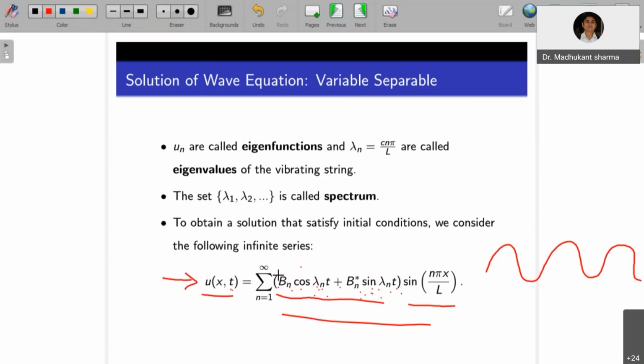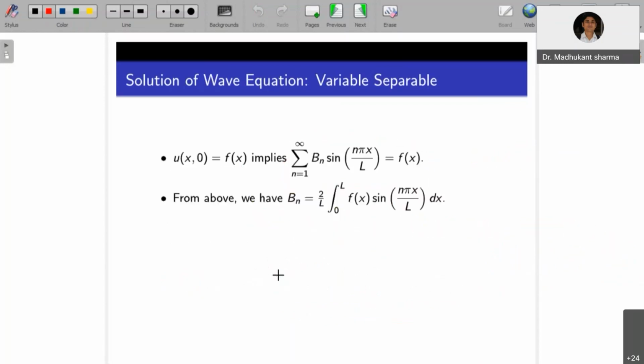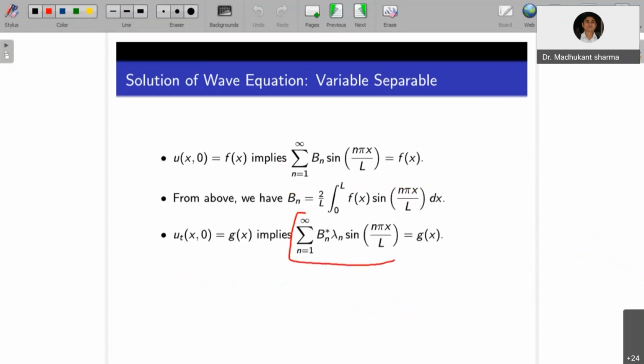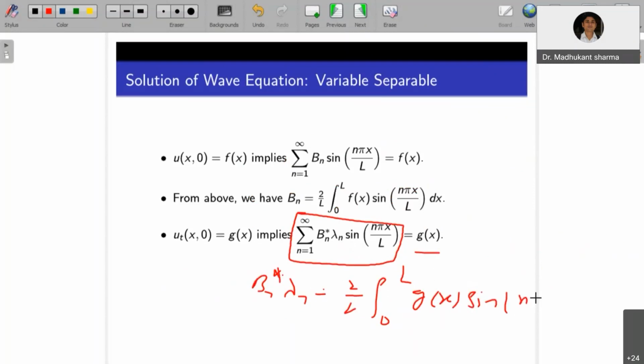So at t equals to 0, the partial derivative is equal to g of x. Again, you will go with this: bn star lambda n is equal to 2 by L integration 0 to L g of x times sine of n pi x by L.